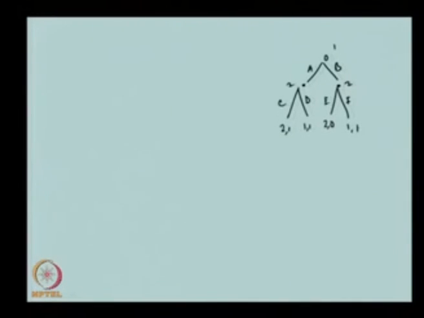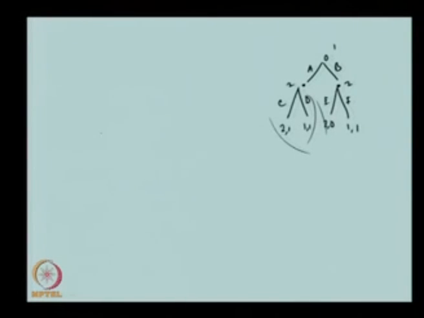So, let us look at this game and find out first the subgames of length 1. There are 2 subgames of length 1 and player 2 makes a move in the beginning of both the subgames. If we look at this subgame, what is the optimal action of player 2?